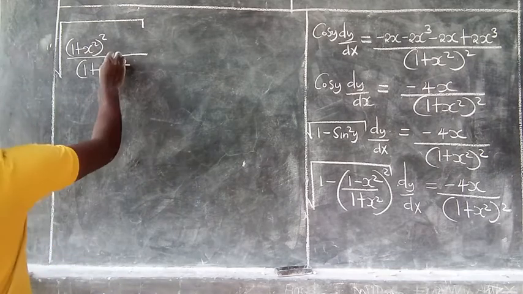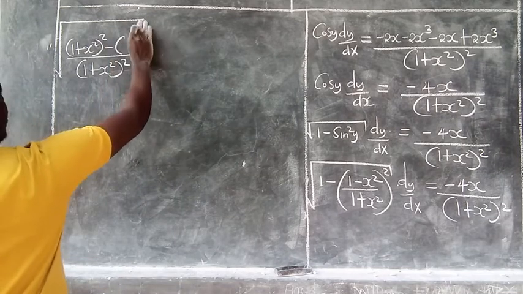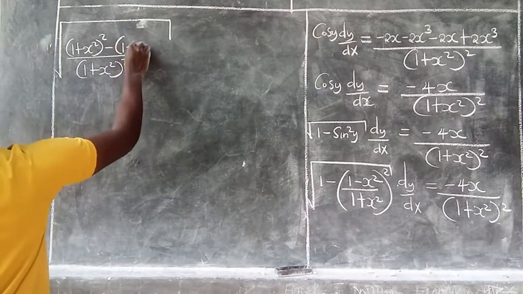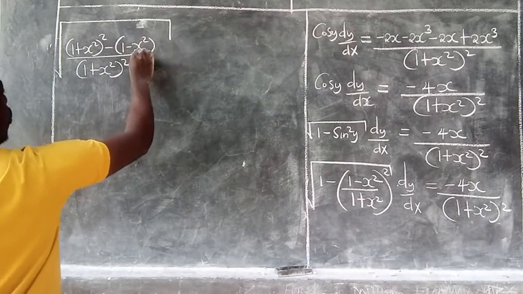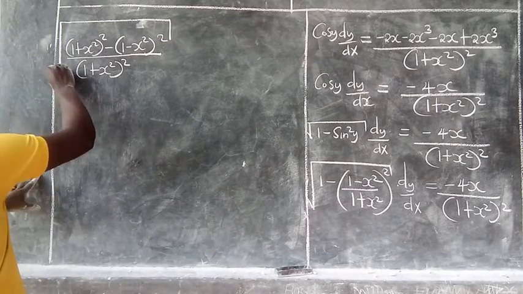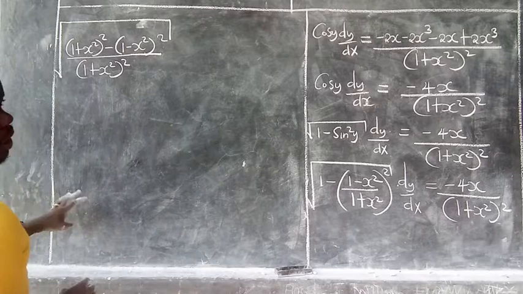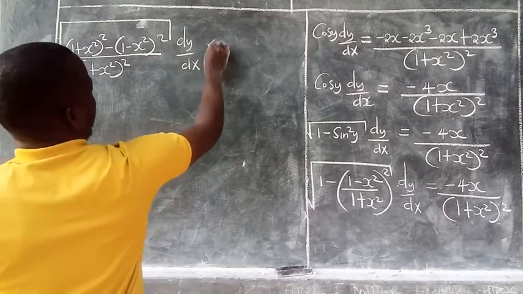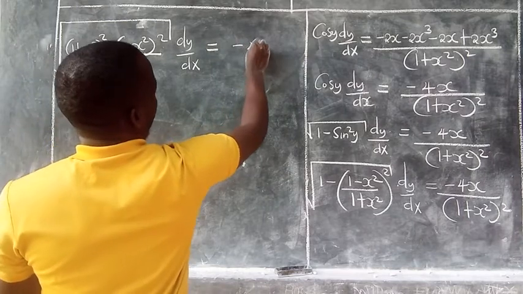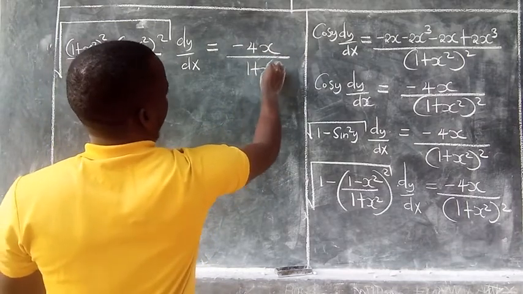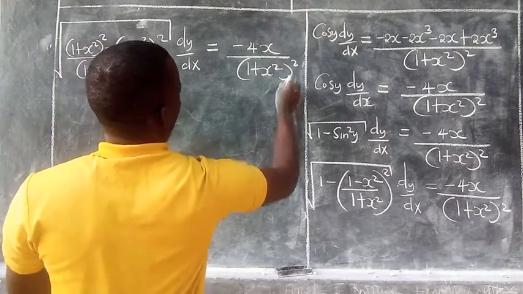Then minus, into brackets, 1 minus x squared, but also squared. Remember, all this is under the square root. That is why my square root is long enough to cover everything. Then dy dx is equal to minus 4x divided by 1 plus x squared, but squared.